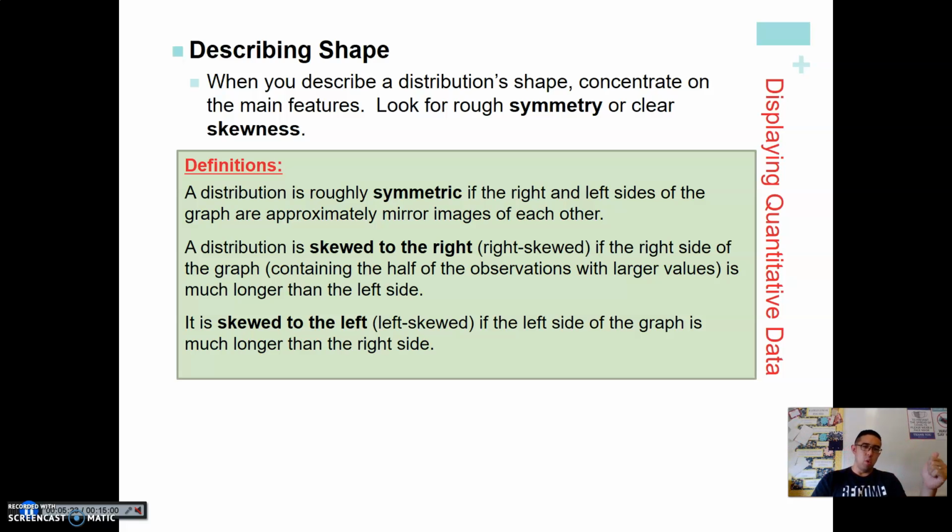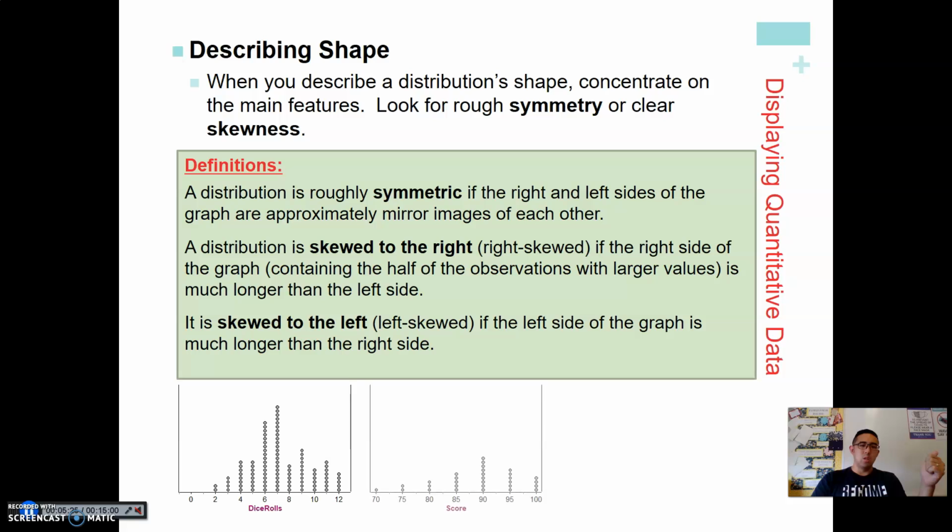What does this mean? Well, symmetric means there's roughly around the same amount of data to the left as there is to the right of what you deem to be the center of the data.